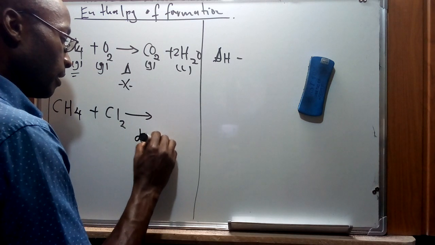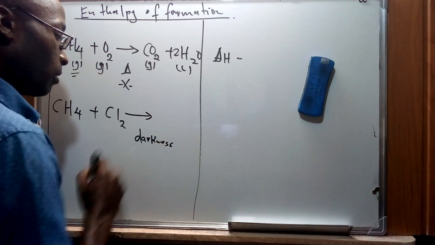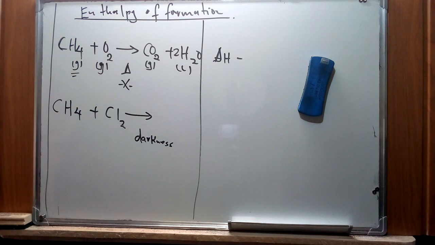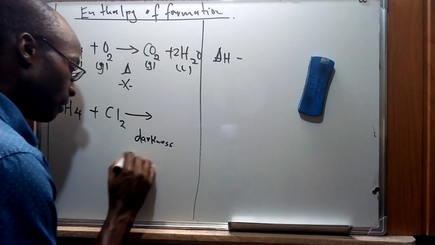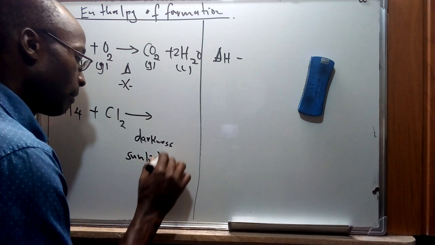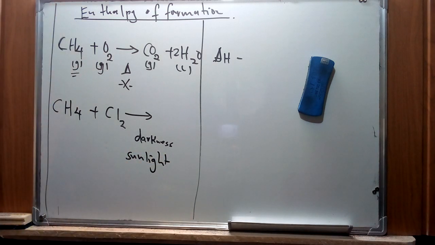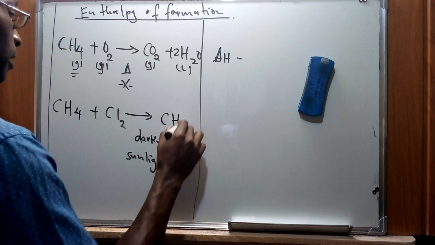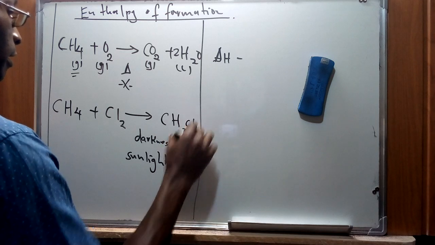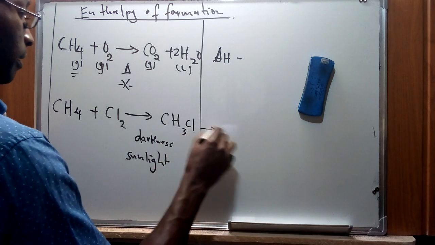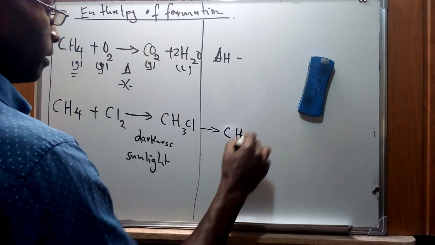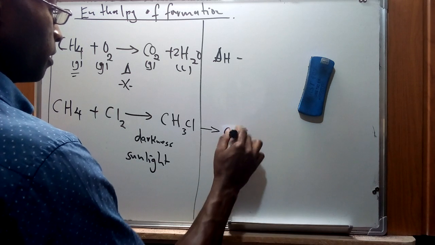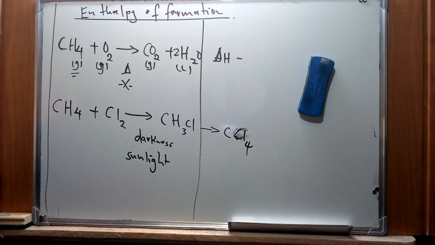But if some light is introduced, or in the presence of sunlight, a violent reaction is going to occur in the formation of chloromethane, and further products such as CCl4.